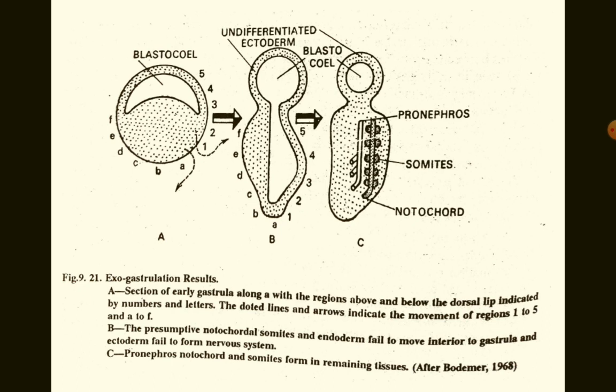But here, since we have removed that external covering of this gastrula or the embryo at the very early stage, the inward movement will not take place, and as a result the zygote at the end of its development just gives rise to the pronephros, the somites and the notochord, whereas the differentiation of ectoderm and its derivatives, that is the nervous system, will never get formed because there is no differentiation of the ectoderm into epidermal ectoderm and the neural ectoderm.